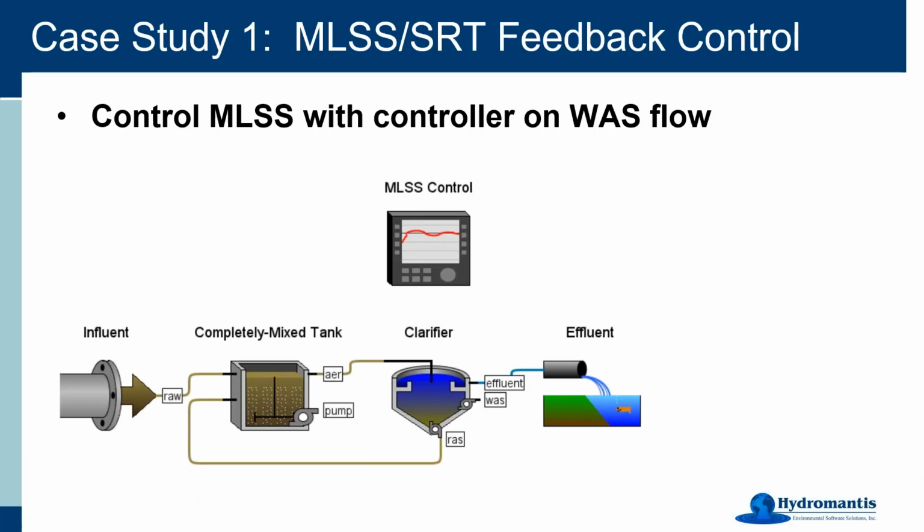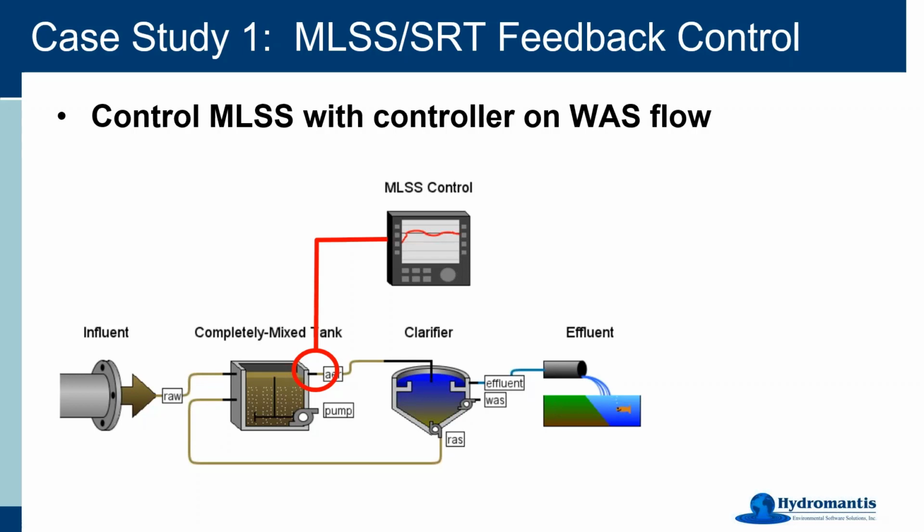The way this is implemented, as I mentioned, is I'm going to use this mixed liquor control generic controller there on the drawing board. What's happening in this case is I've specified that I want the concentration of solids coming out of that completely mixed activated sludge tank to be at a certain set point under dynamic conditions.